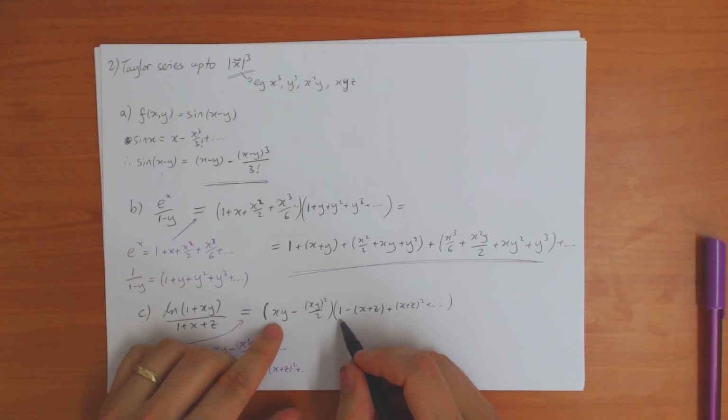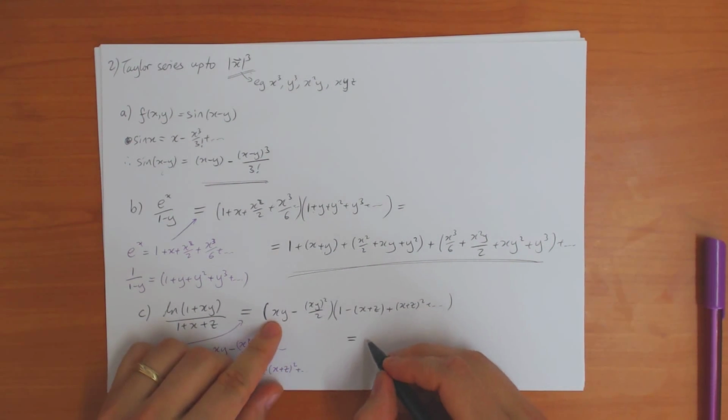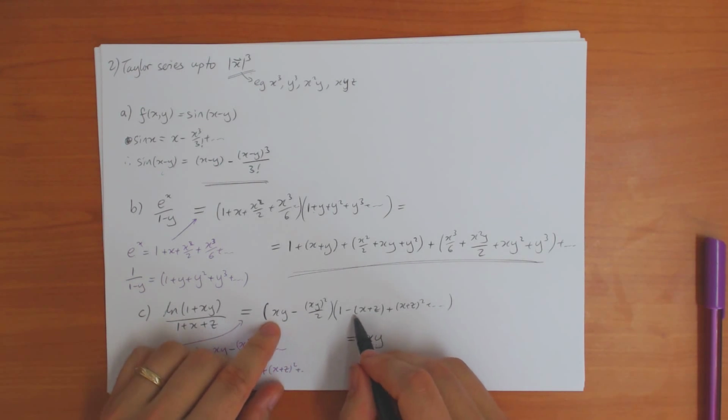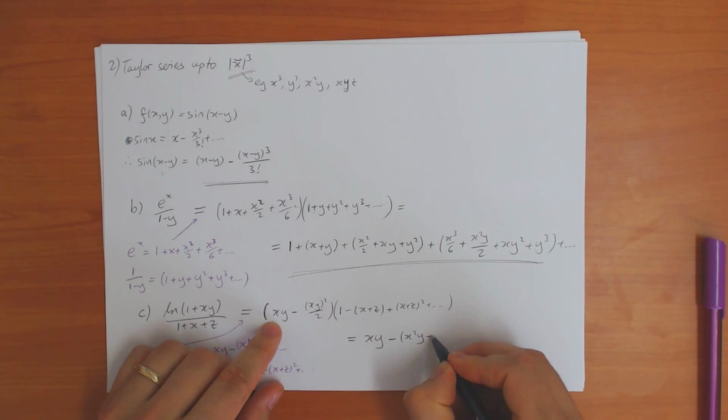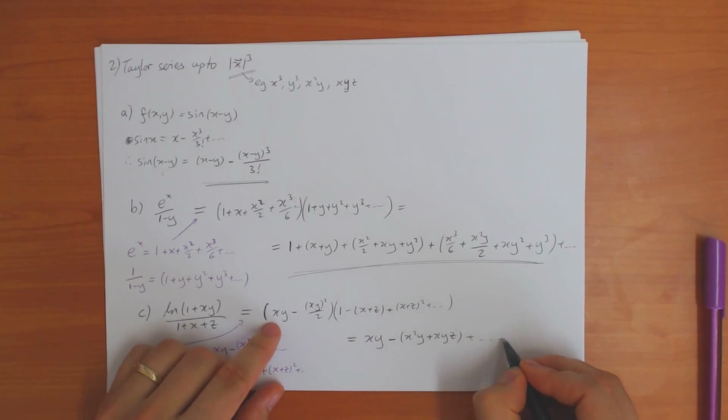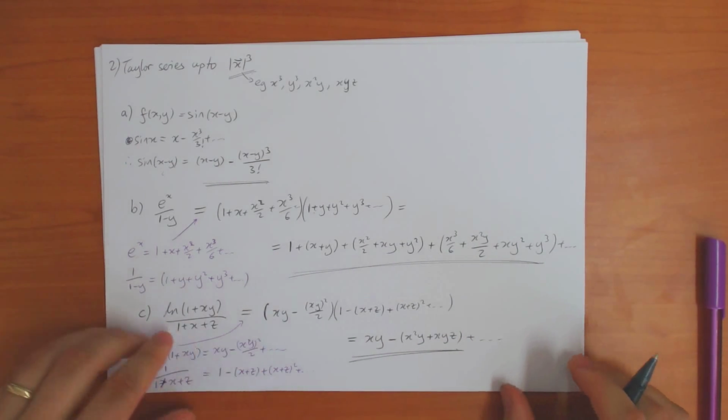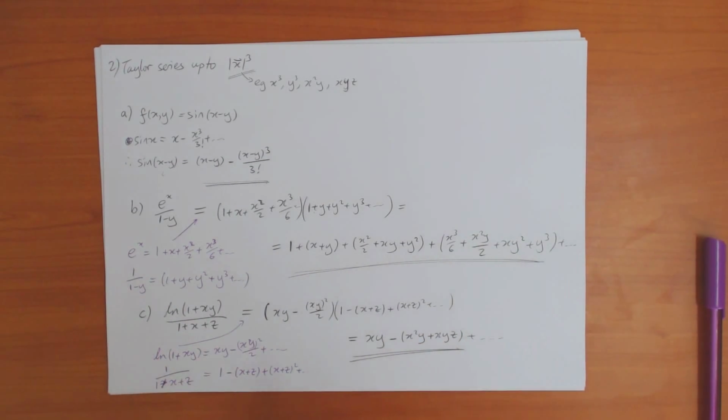So the lowest order term here is a squared term, so term of order 2, xy. And then the next term here is a term of order 3. So minus this times that, so that gets you x squared y plus xyc. Okay, and all the other terms have higher orders than that. So that's the answer to that one.